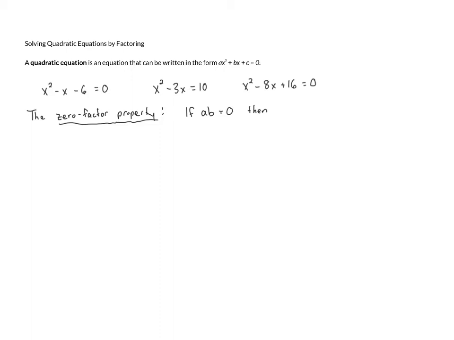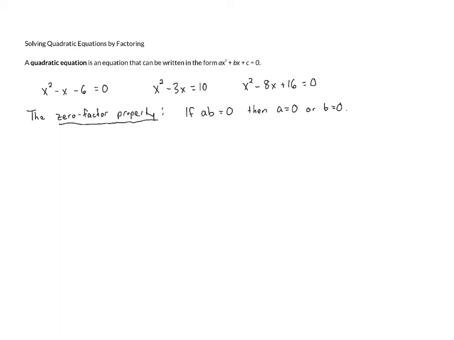Now, what has to be true if we multiply two numbers together and end up with 0 as a result? At least one of them had to be 0. So in this case, if ab equals 0, then a equals 0 or b equals 0. This is the zero factor property. If we multiply two things together and end up with 0, one of those things had to be 0. And we're going to use this when we're solving quadratic equations.